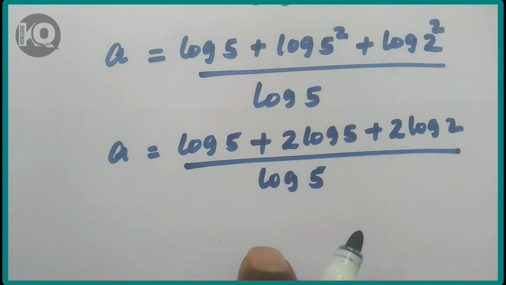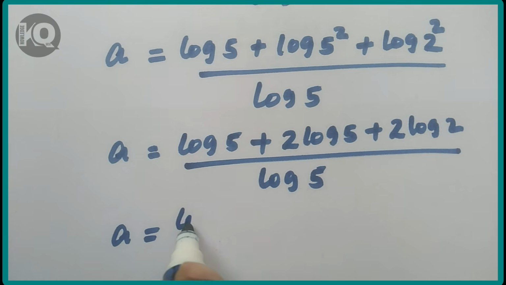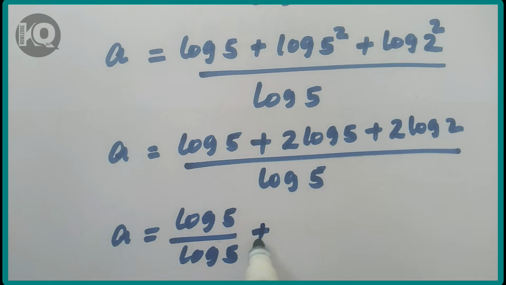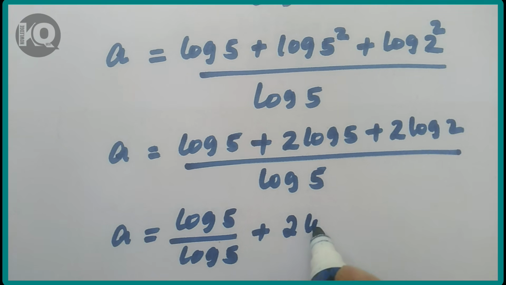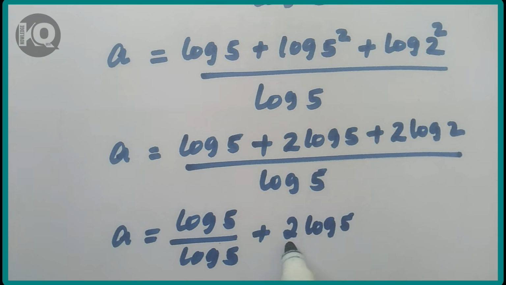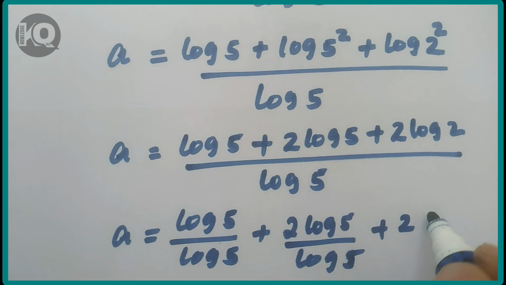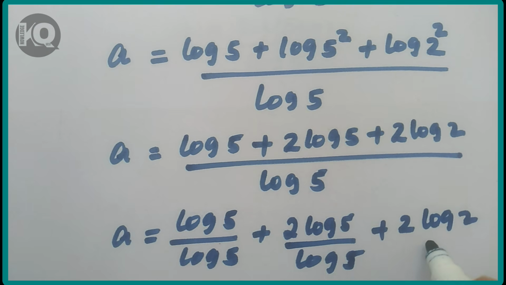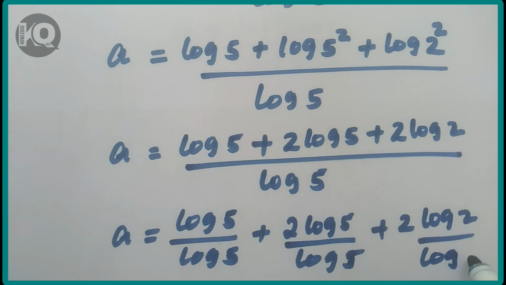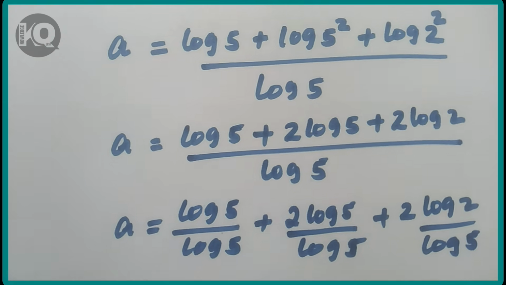Now a is equal to log of 5 divided by log of 5 plus 2 times log of 5 divided by log of 5 plus 2 times log of 2 divided by log of 5.